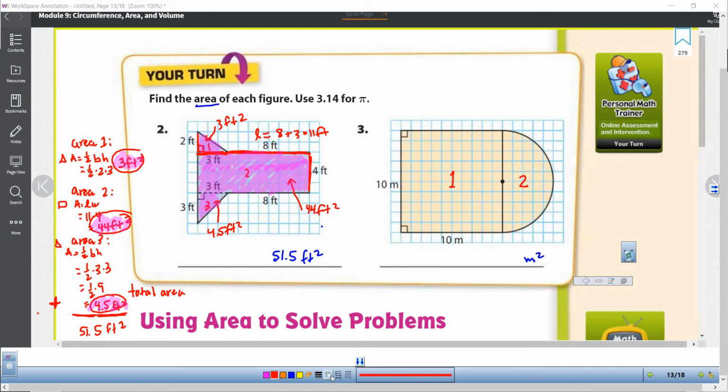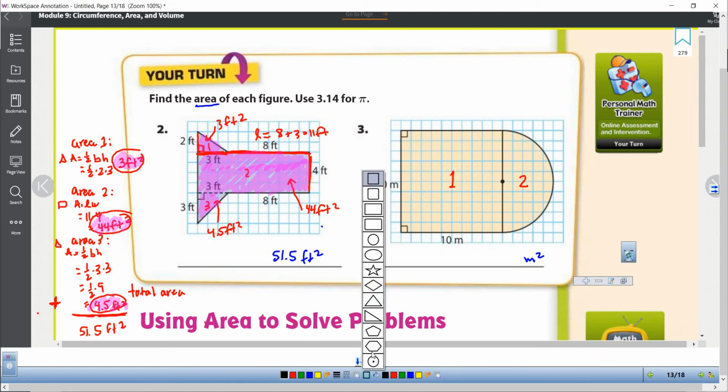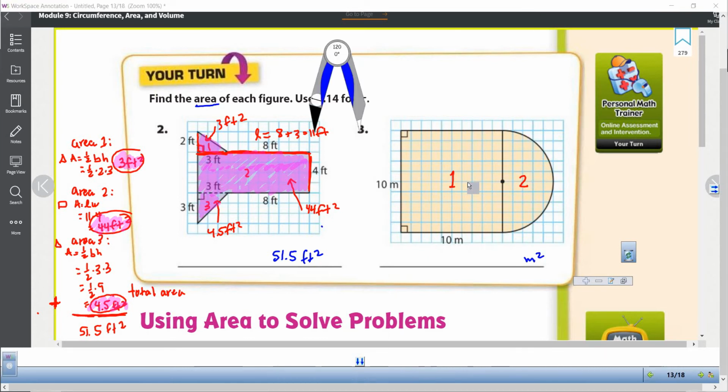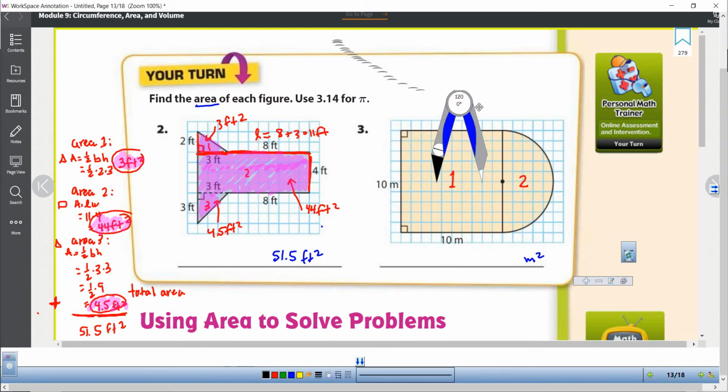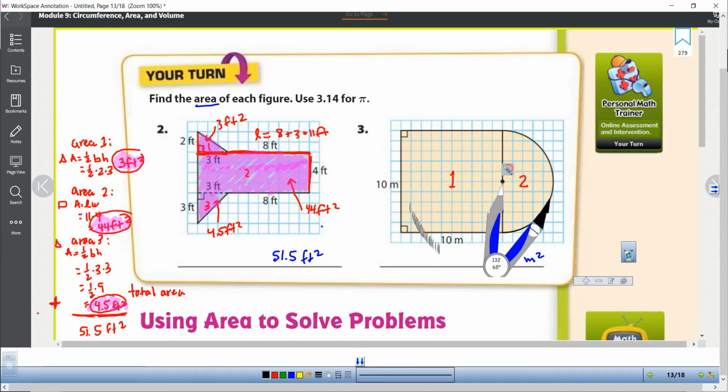So if I were able to, okay, let's see if I can pull this off. I'm going to try to make a circle here. Actually, I know what I'll do. I'll use my handy-dandy compass, and then I definitely will be able to pull it off. So if I go here, and I set my compass, that's my radius, and I go all the way around.